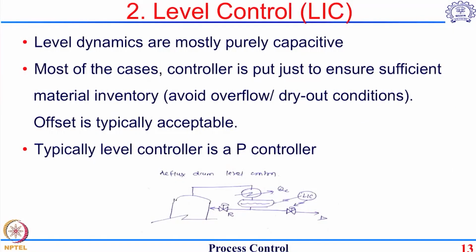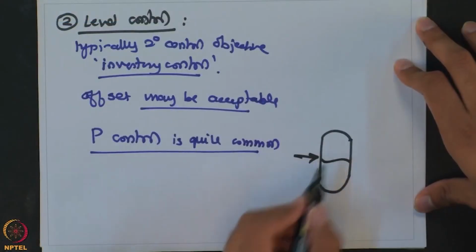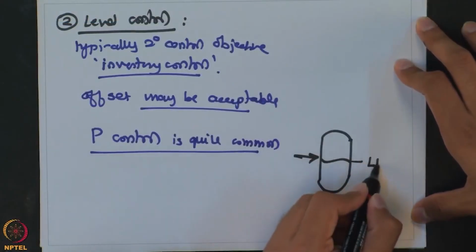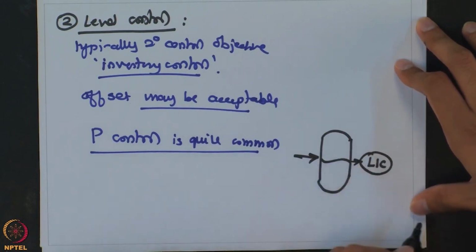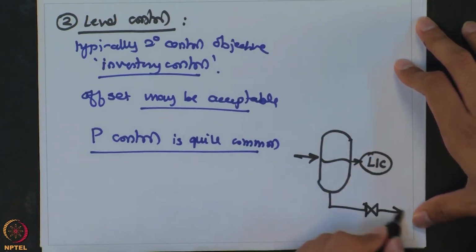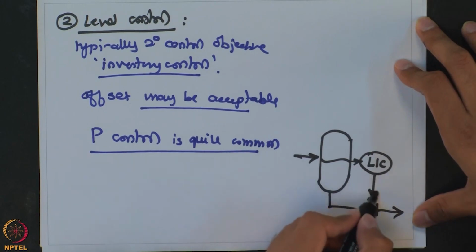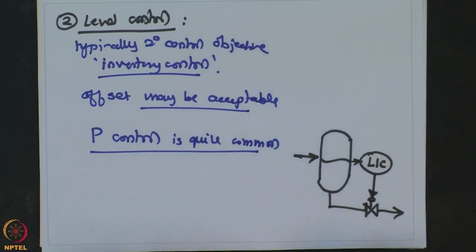If you look at the example of the flash vessel, you will measure the level, and very commonly you would try to control it by changing the outlet flow. So that is how a level controller will be implemented in a process. A lot of times you look at the outlet flow from that particular vessel, and then try to control the level by using that particular flow.